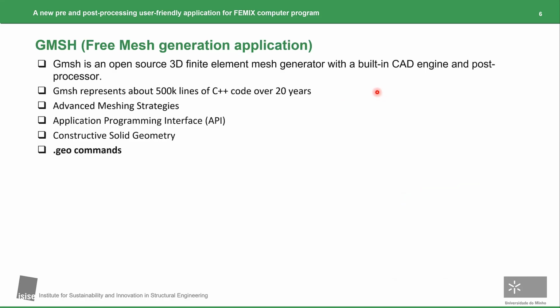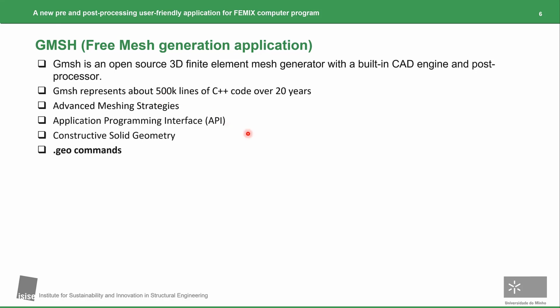But for the steps needed to do a finite element analysis, there are also some free tools. For example, we have Gmsh, which is a free mesh generation application. For mesh generation, Gmsh is an open source and free 3D finite element mesh generator with a built-in CAD engine and post-processor.